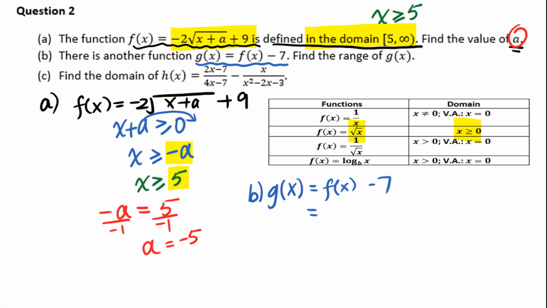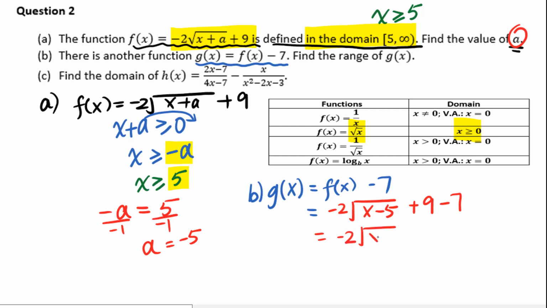We already figured out a equals negative 5, so we just plug in negative 2 square root x minus 5 plus 9 minus 7. That is negative 2 square root x minus 5 plus 2.